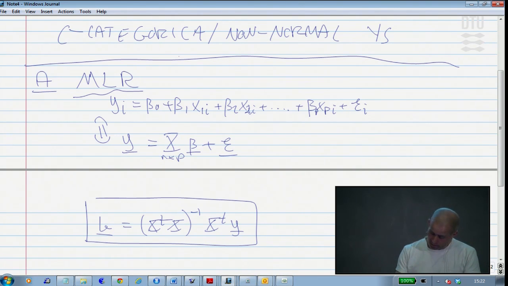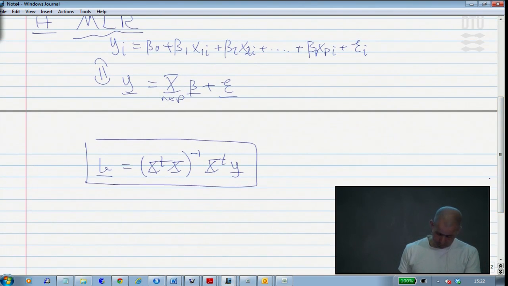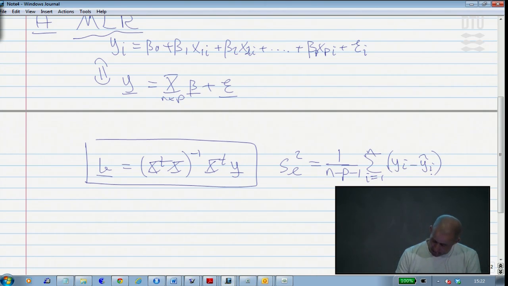And also, the theory will give us that we know the uncertainty about this, since we can compute SE squared. In this case, it's not n minus 2, but n minus p minus 1. It's the usual sum, i equals 1 to n, of yi minus yi hat. That would be the predicted value of this kind of plane formula given from up here.